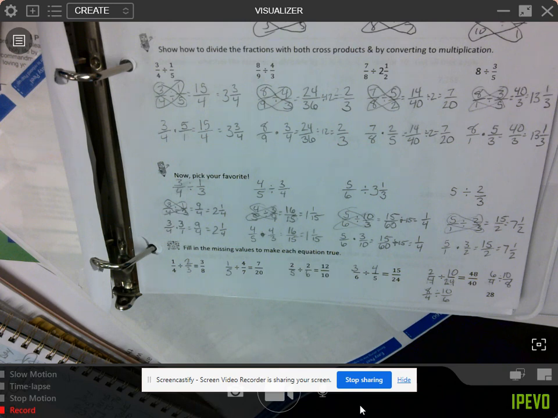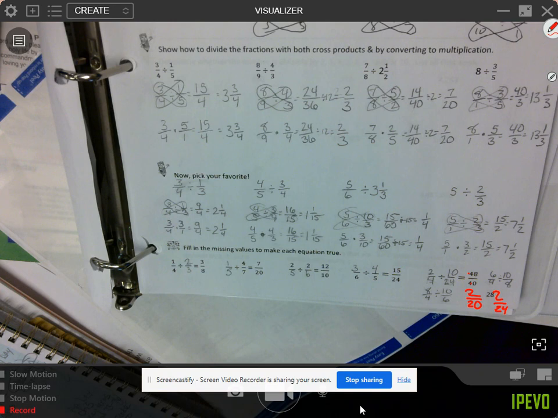Ava, what did you have? I don't know if it's correct, but I got 2/20 and 2/24. So let's see, 2 times 24 is 48. 20 times 2 is 40. Yes, that works.